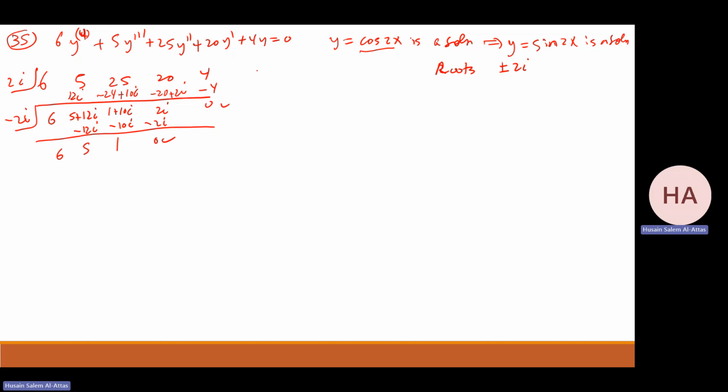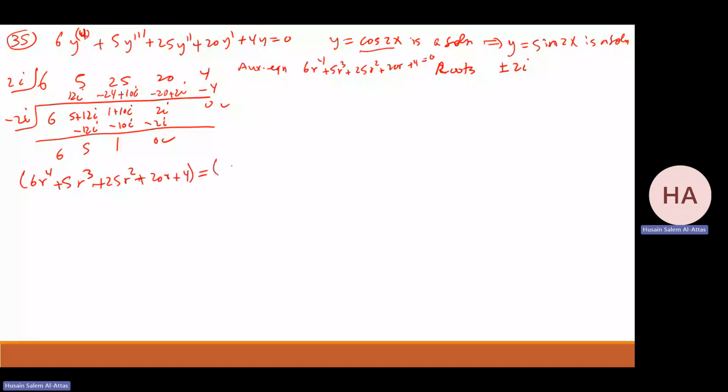what is the auxiliary equation? Sorry, I need to write the auxiliary equation, which is very clear. 6r to the power 4 plus 5r cubed plus 25r squared plus 20r plus 4.